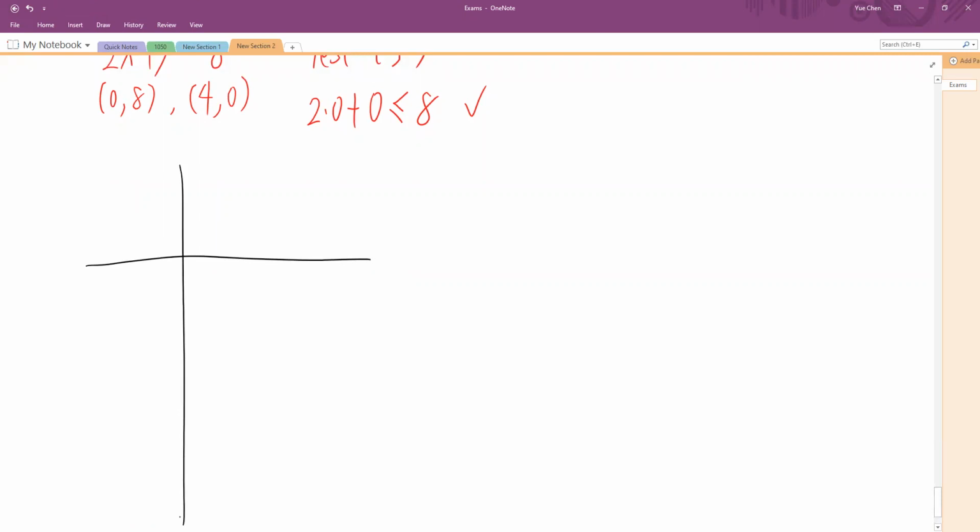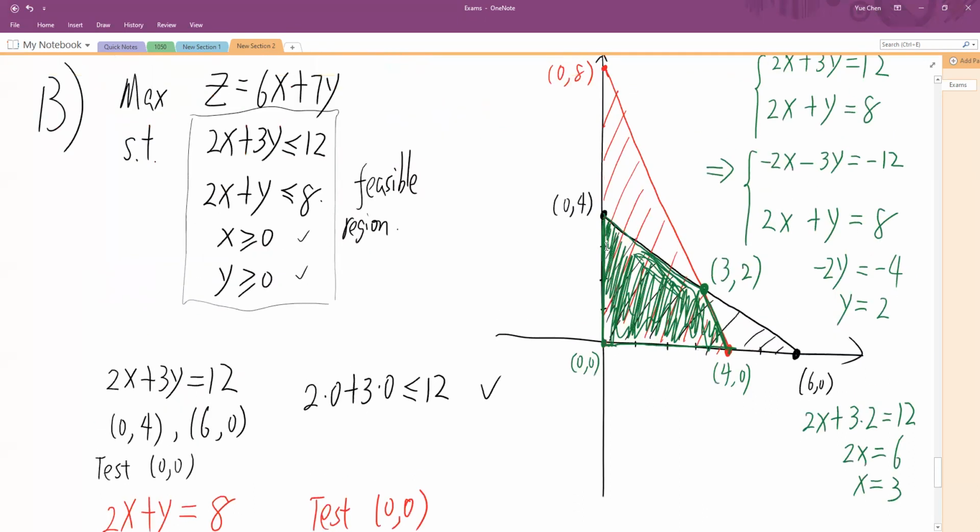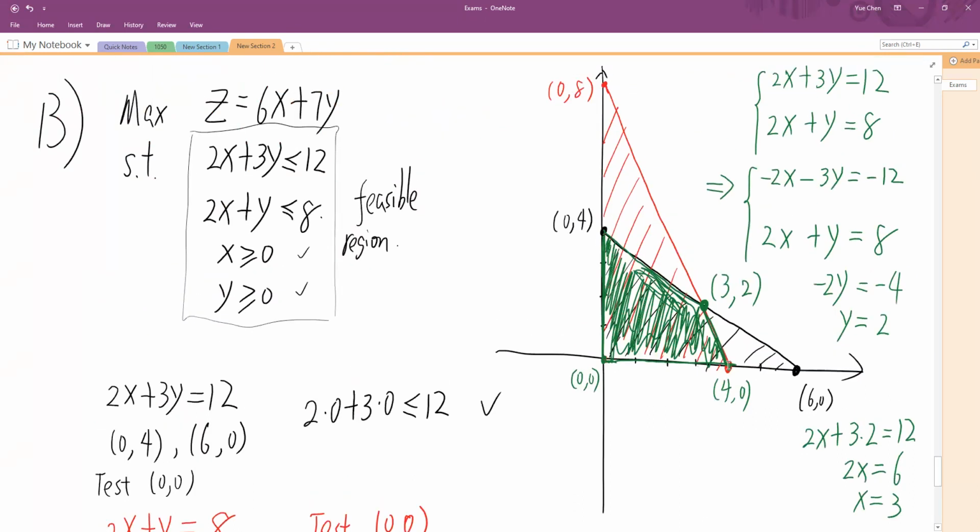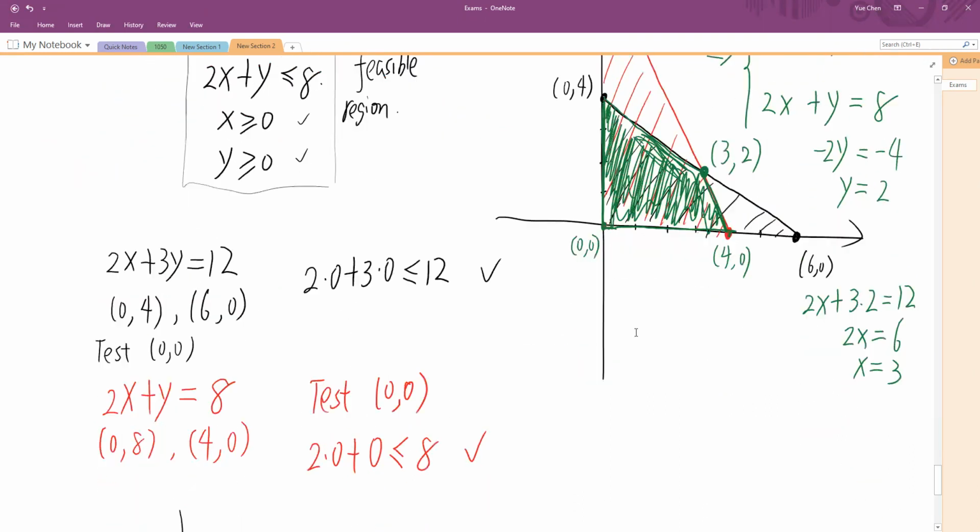Counterclockwise, we use 0, 4, 0, 0, 4, 0, and 3, 2. Okay, these are all 4 corner points, right?